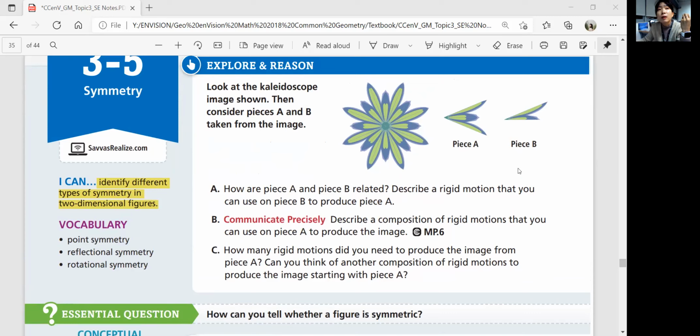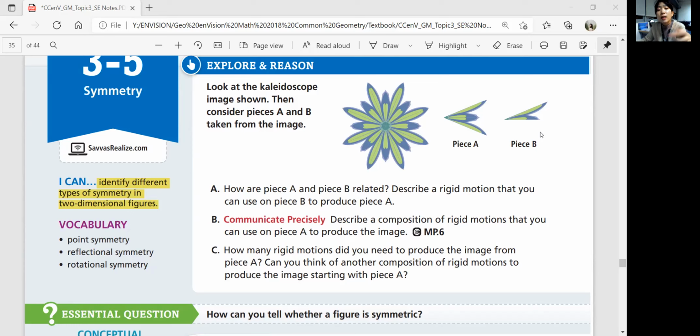Can you describe the rigid motion that you can use on piece B to produce piece A? Or if you cannot describe one rigid motion, part B, you can describe a composition of rigid motions that you can use on piece A to produce the image.